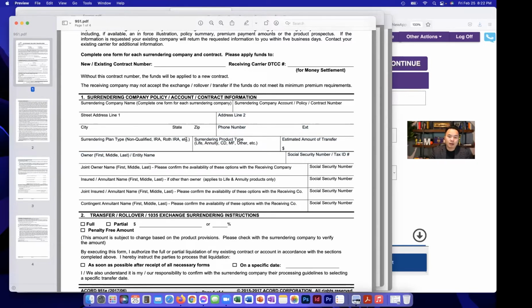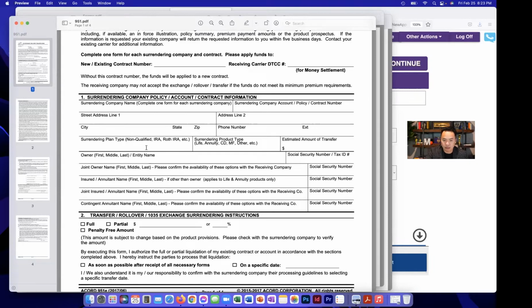The surrendering plan type and the surrendering product type. The thing that you need to keep in mind, to keep those two things apart, is this. If you have a work-related plan, like a 401k, then the 401k needs to go where it says surrendering plan type.